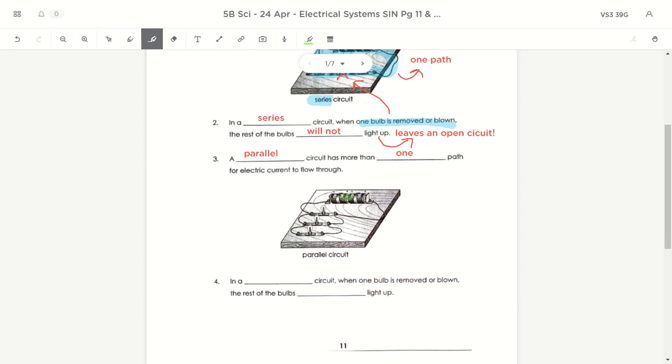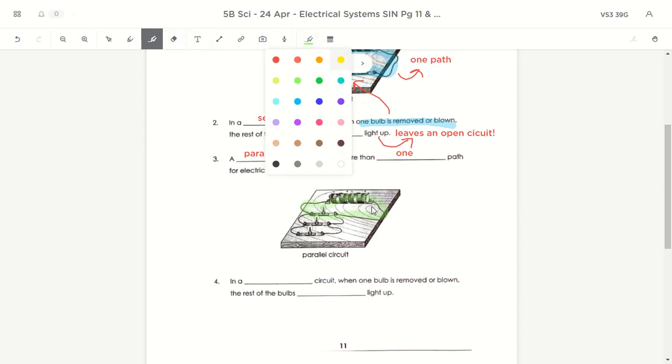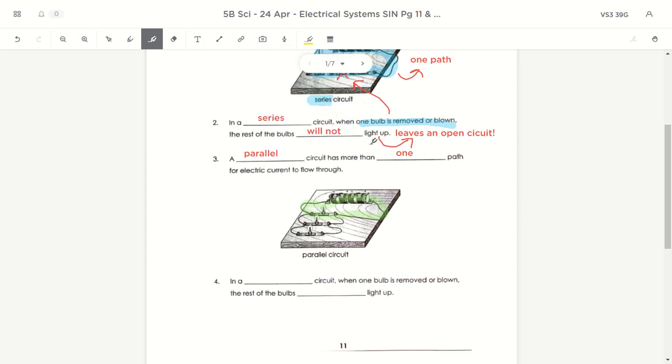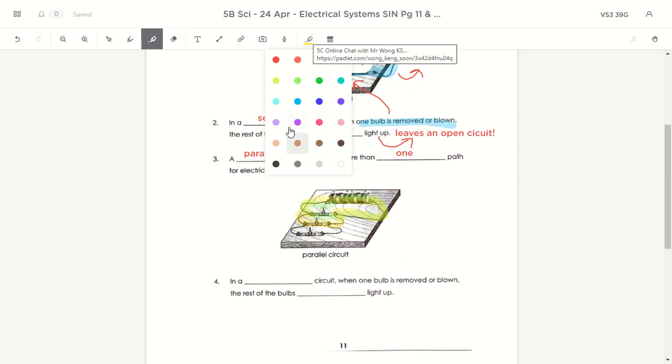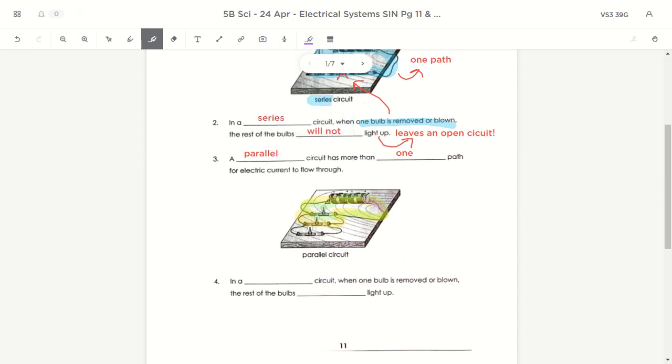Okay, so for this case, you realize the electric current can flow through here, this one path. Okay, the electric current can also flow through here, which is the second path. The electric current can also flow through here, which is the third path.